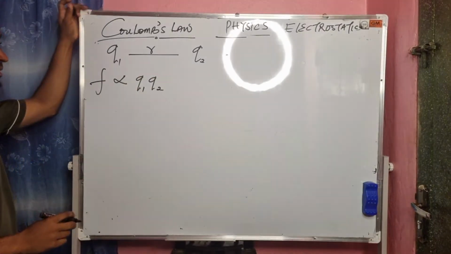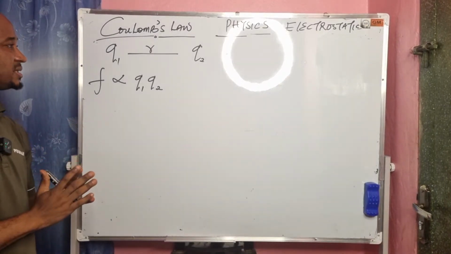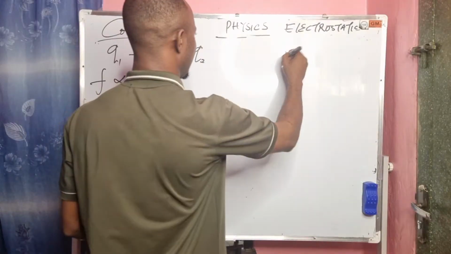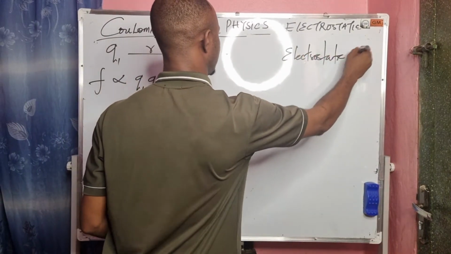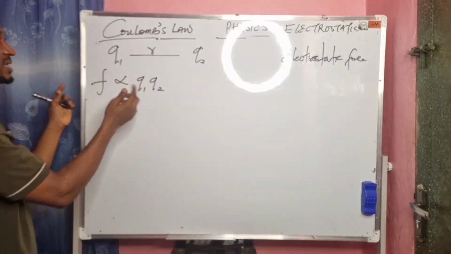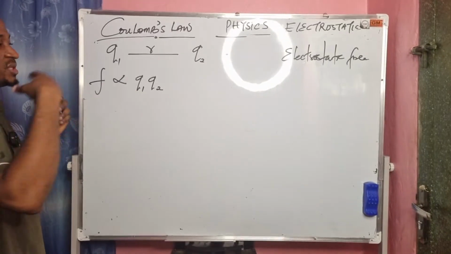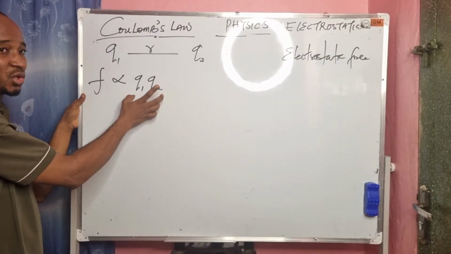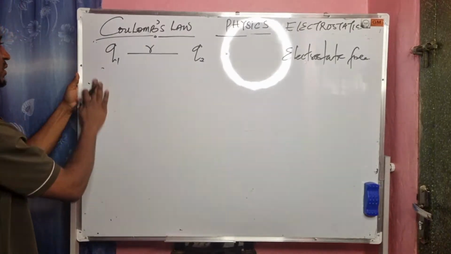I repeat again, the force of attraction or repulsion, which is electrostatic force, between 2-point charges, Q1 and Q2, separated by a distance r, is proportional to the product of their charges. So let me write so that we can get the concept here.